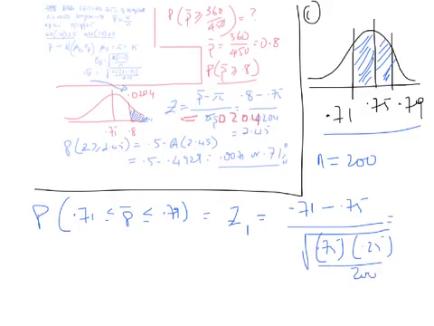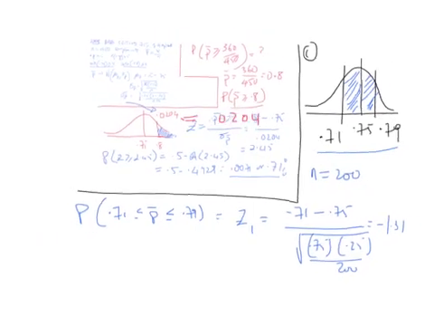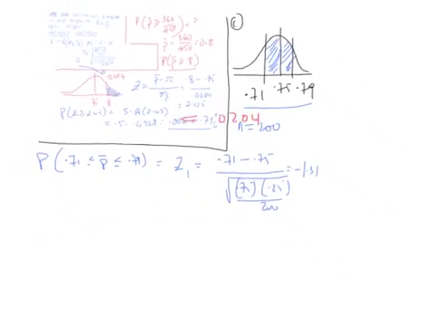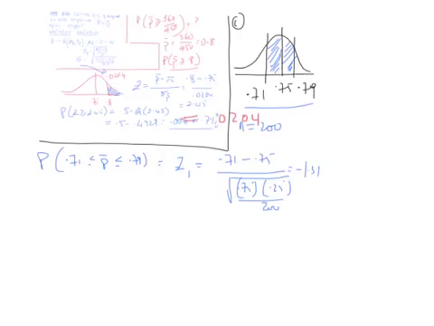It turns out that when I do this computation, the Z value is negative 1.31. Which means that if I were to compute Z2 without doing the calculation, because it's exactly the same distance, the sampling error is the same, so Z2 would be positive 1.31.